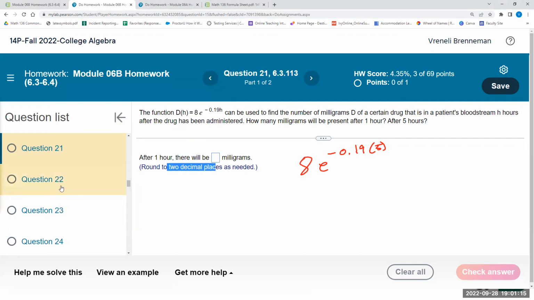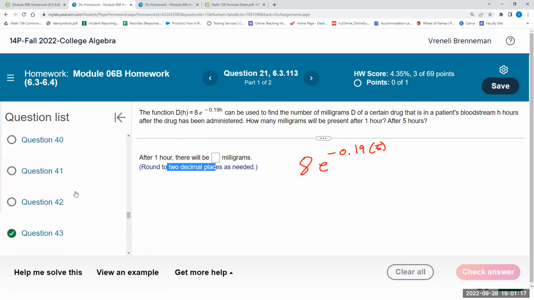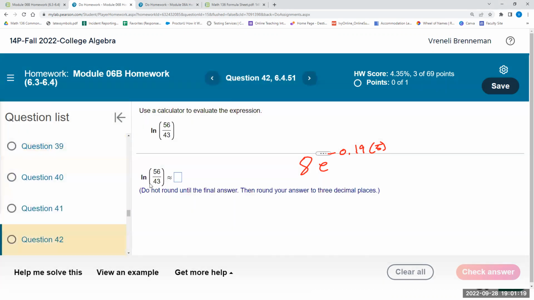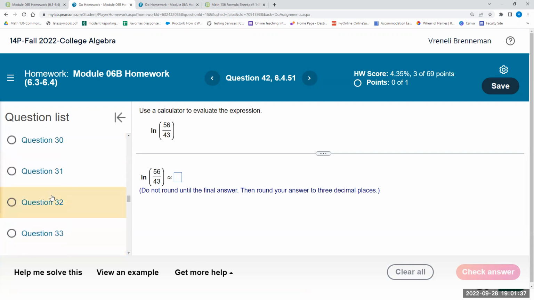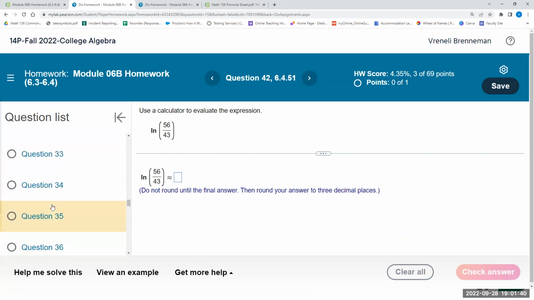And then number 42 is just using the natural log. So just make sure you know the ln button to use, and you put that in. So yeah, I'm not actually going to do that. But looking at then the exponent and log relationships, I think I won't do those because I'm out of time.